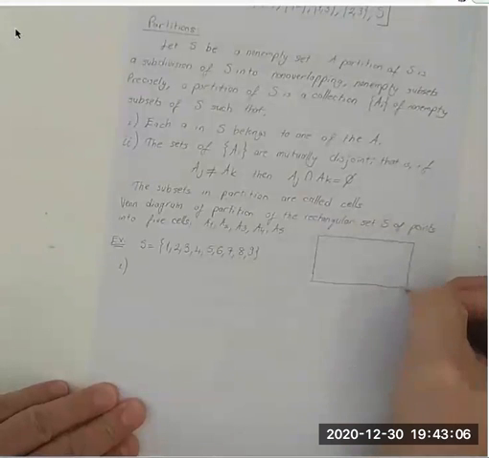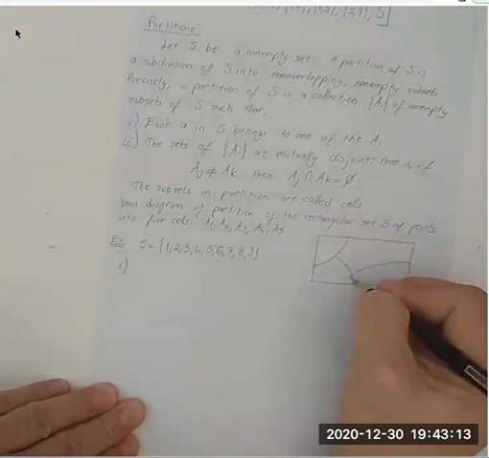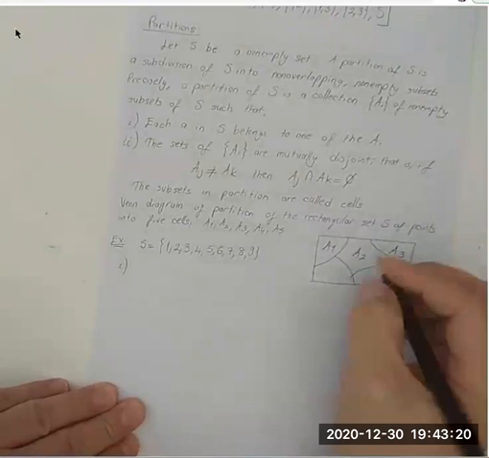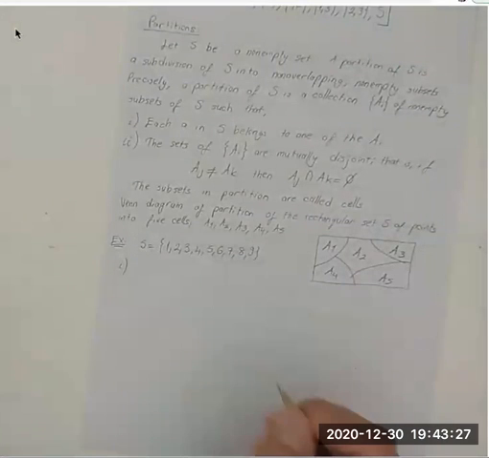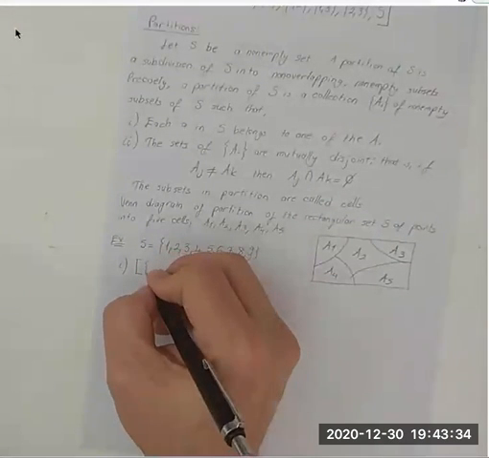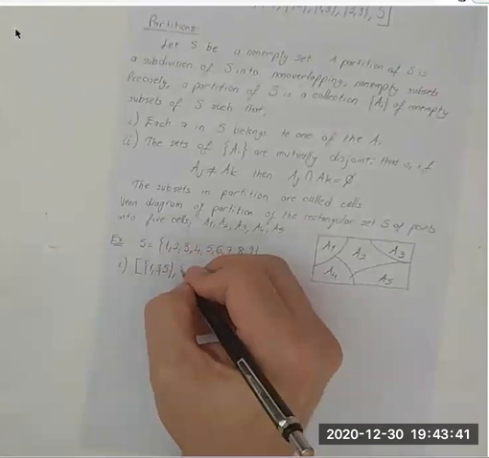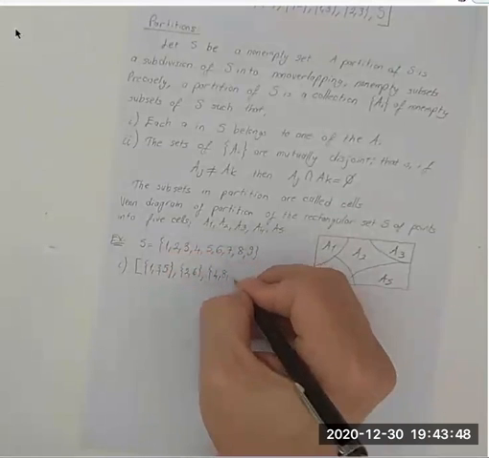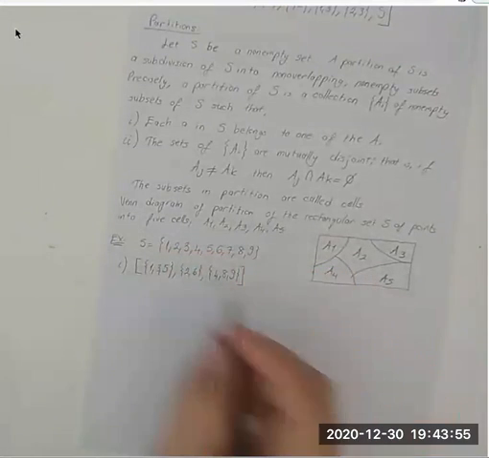We have 3 sets as a subset class of S. And the second one, we have again a class which belongs to some subsets of S: {1, 3, 5}, {2, 4, 6, 8}, and {5, 7, 9}. And that's all.